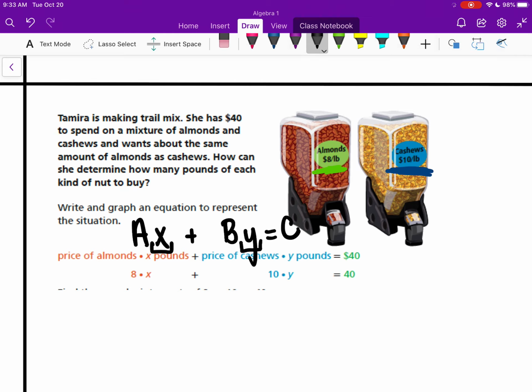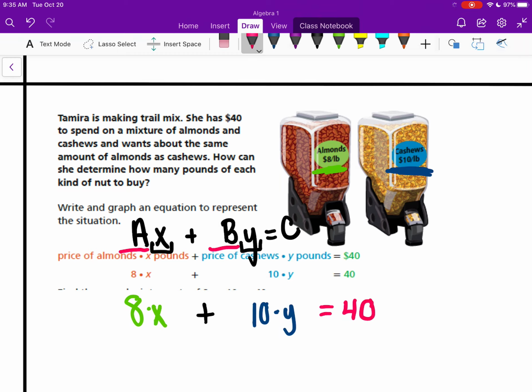And we can replace our a and b with the price of the almonds and the price of the cashews, because it's going to be $8 per almond pound. Think about it like you're literally checking out at a store, and then we have to add $10 per cashew pound, but we need it to equal $40 because that's how much money we have.